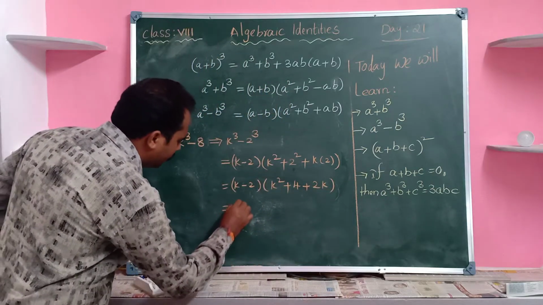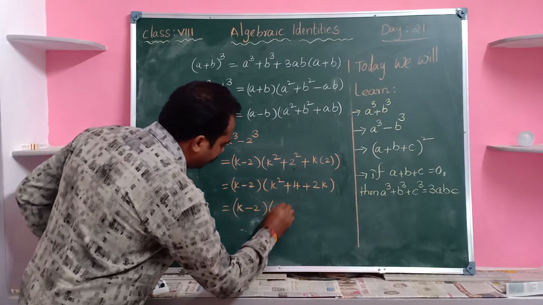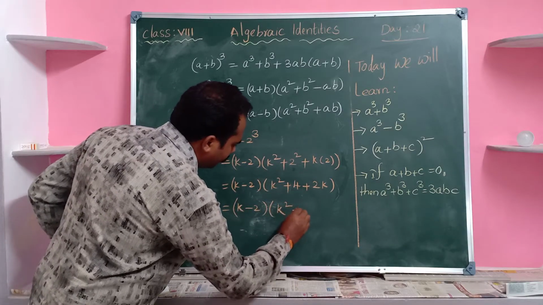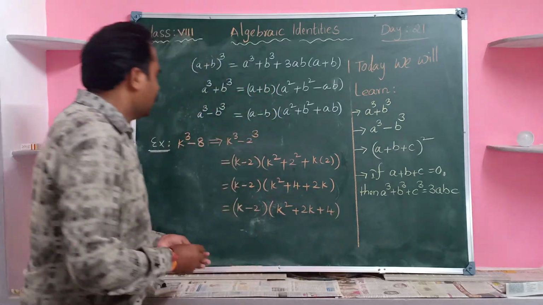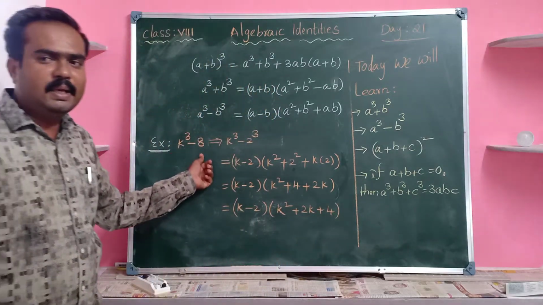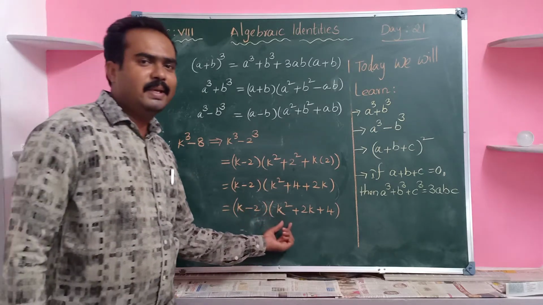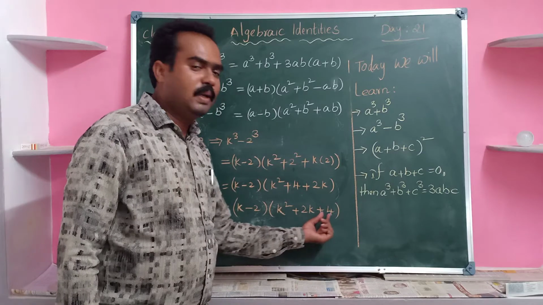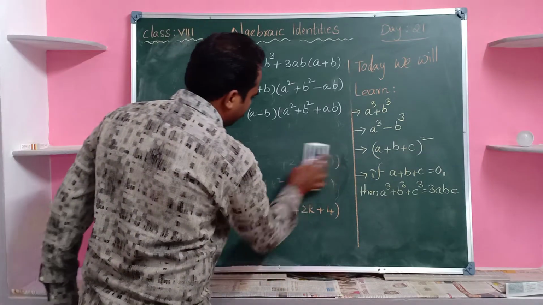That is equal to (k-2)(k^2 + 2k + 4). So k^3 - 8 is equal to (k-2)(k^2 + 2k + 4). Next, one more example.